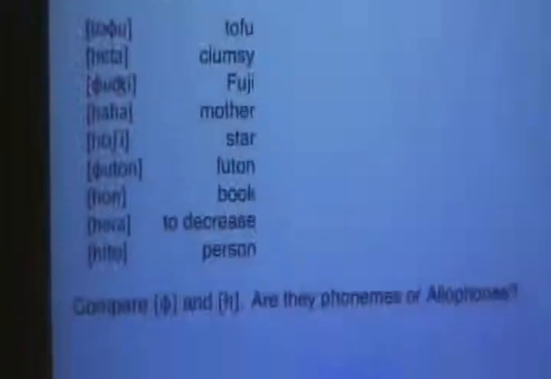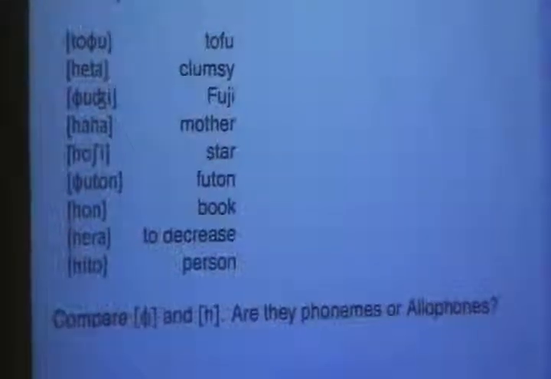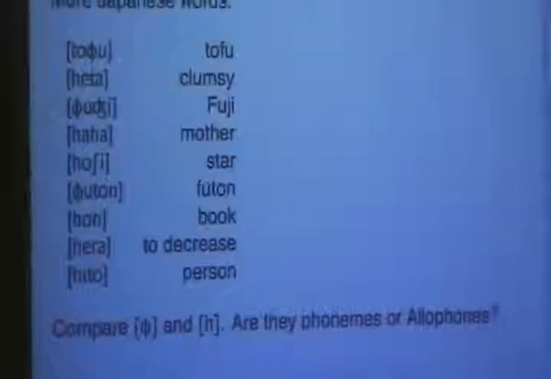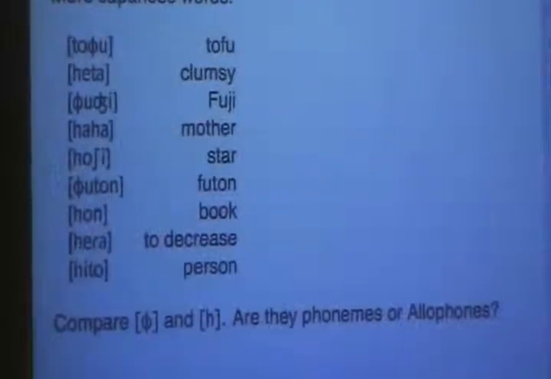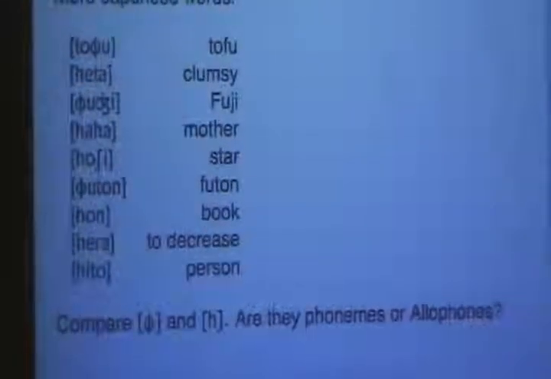More Japanese words in the third question. And here too, we have a sound that isn't found in English. It's this sound here. I taught you this sound, I think, when we learned the IPA. This is a voiceless bilabial fricative. It's the sound you make blowing on hot food.